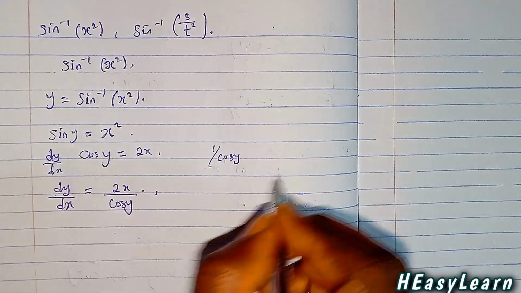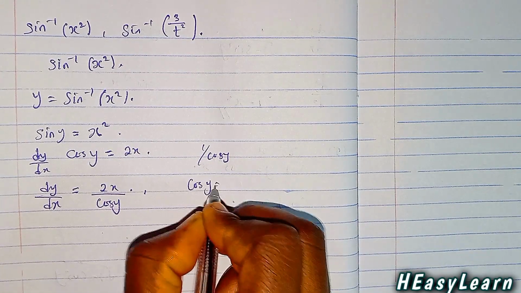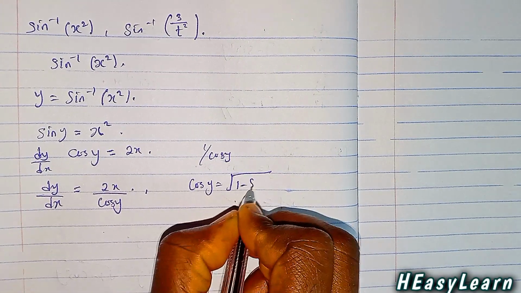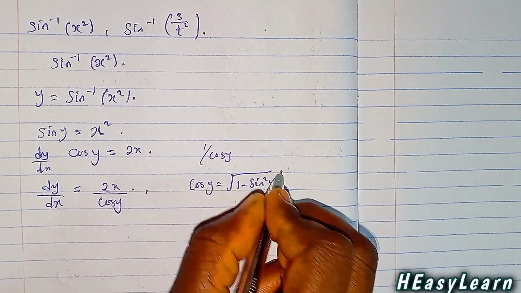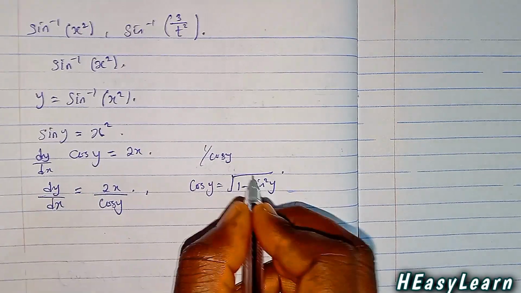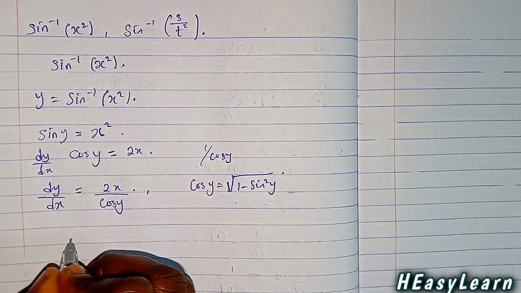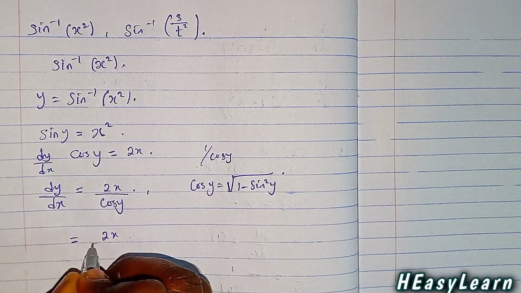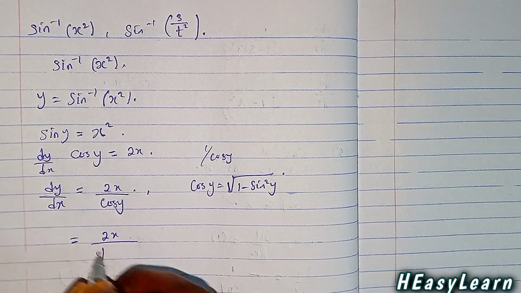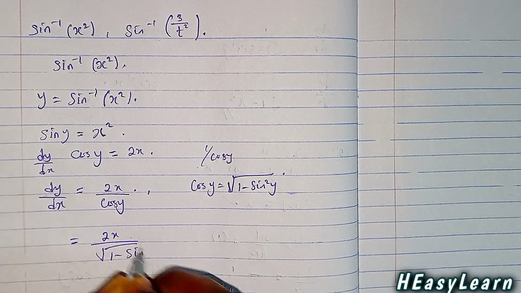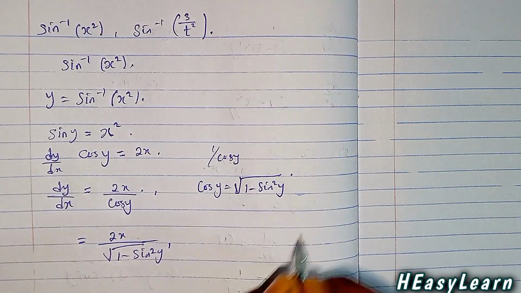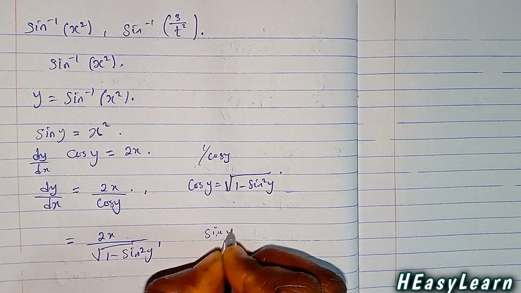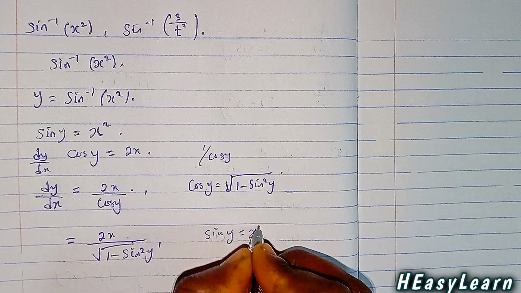From that identity, cos y equals the square root of 1 minus sine squared y. So anywhere there is cos y, replace it with the square root of 1 minus sine squared y. This gives 2x over the square root of 1 minus sine squared y. But what is sine y from above? Sine y equals x squared.